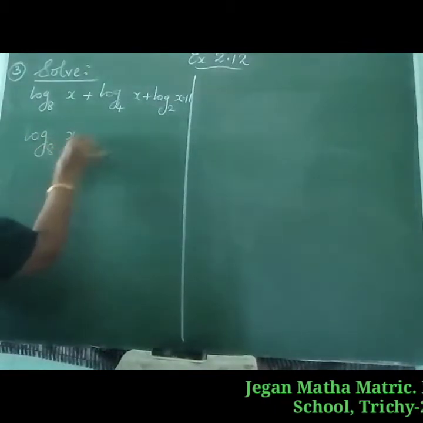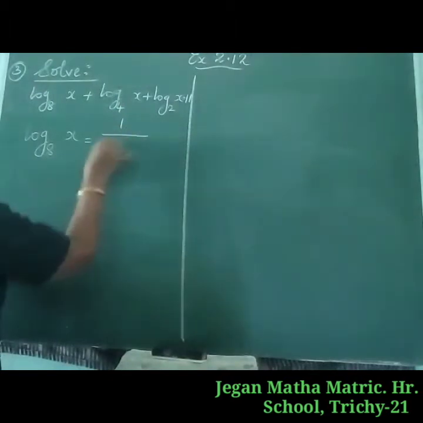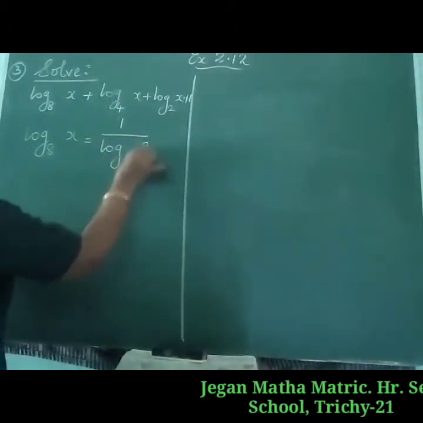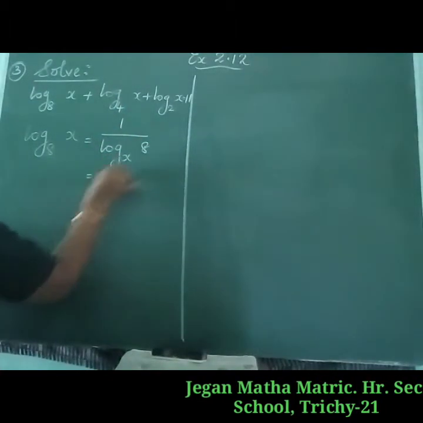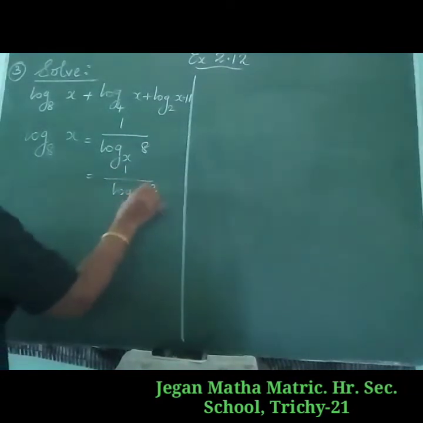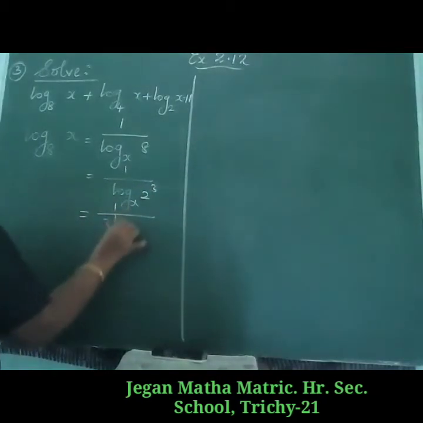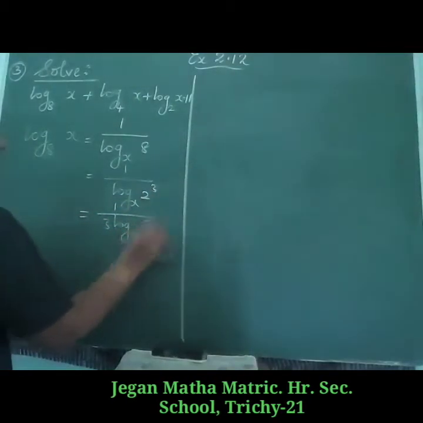Log x to the base 8. Change of base rule: 1 by log 8 to the base x. That is 1 by log 2 cube to the base x. So 1 by 3 log 2 base x.